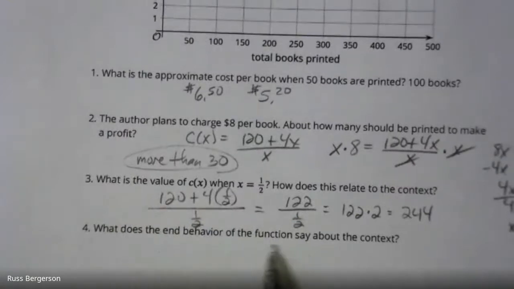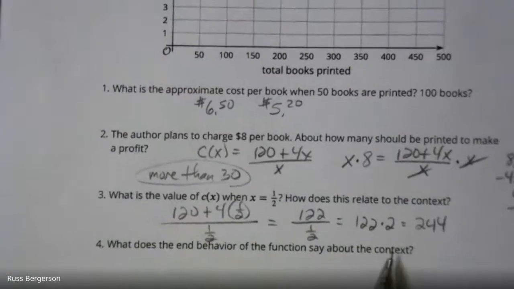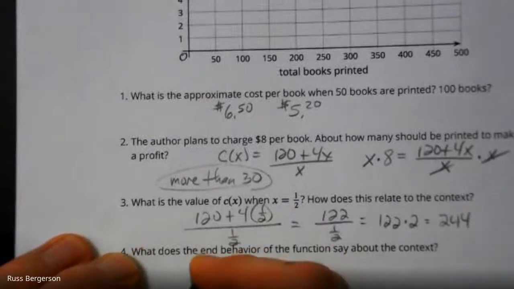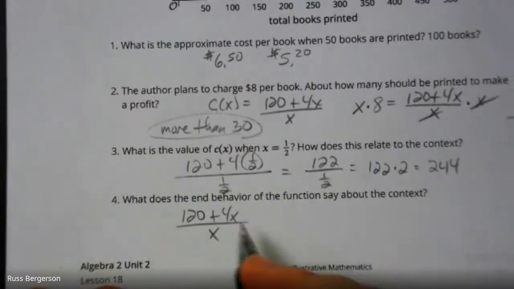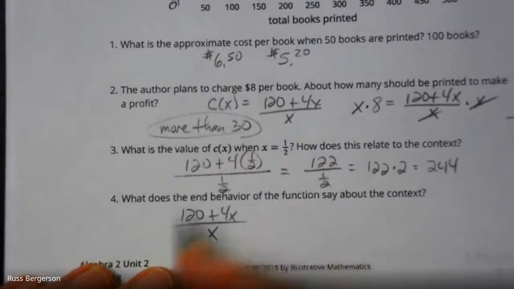What does the end behavior say about the context? All right, you've got this 120 plus 4x over x. I want to break this into 2 fractions.